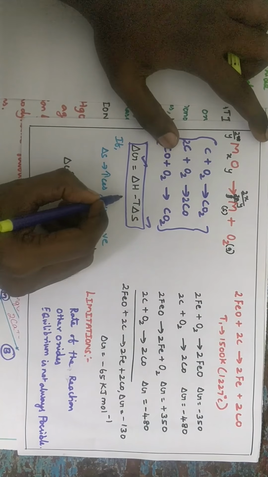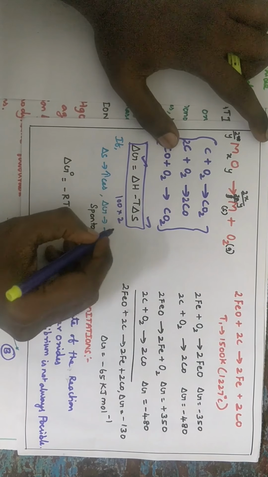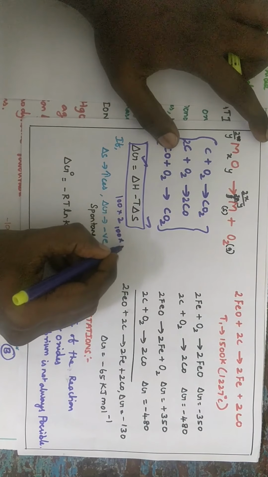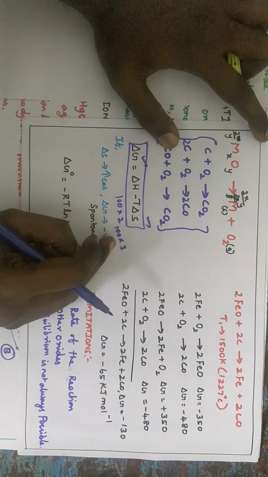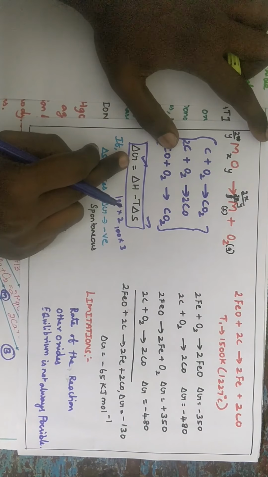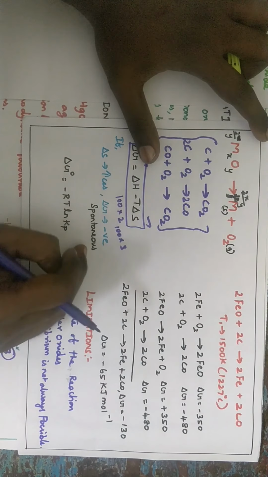Suppose at a temperature of 100 degrees Celsius you get an entropy of 2, it becomes minus 200. Same, at 100 degrees, we get an entropy of 3, so minus 300. So with increase in entropy, delta G becomes more and more negative. If delta G is more and more negative, the reaction will be spontaneous.